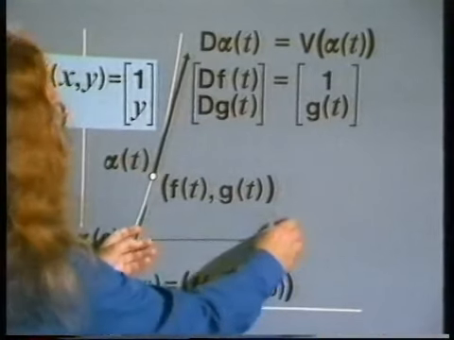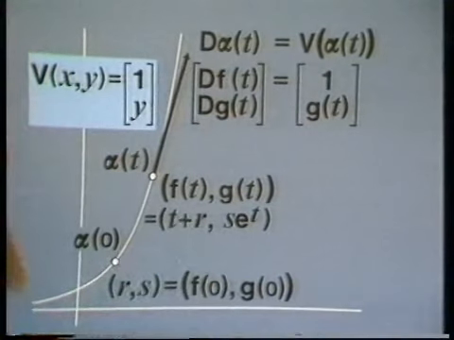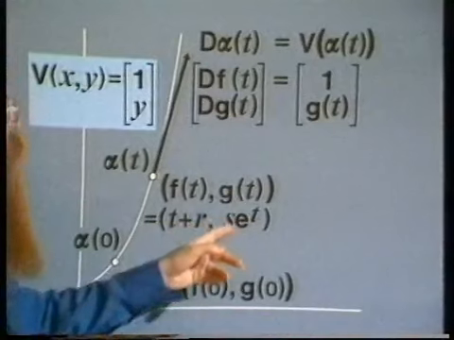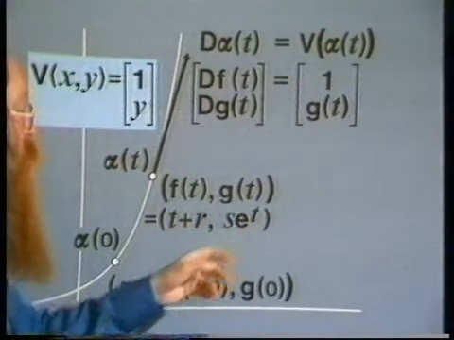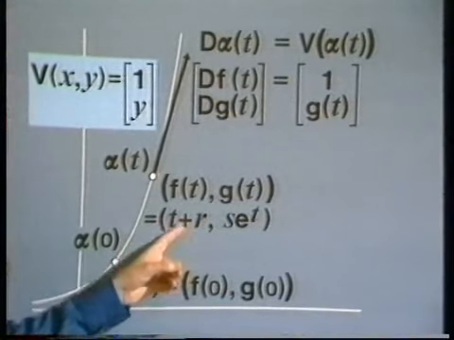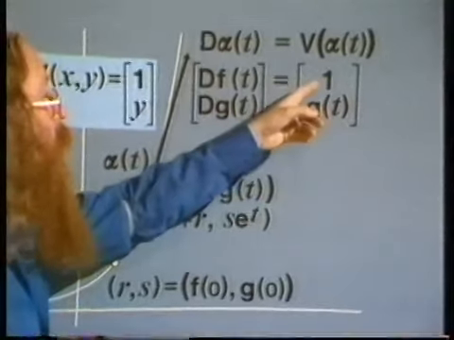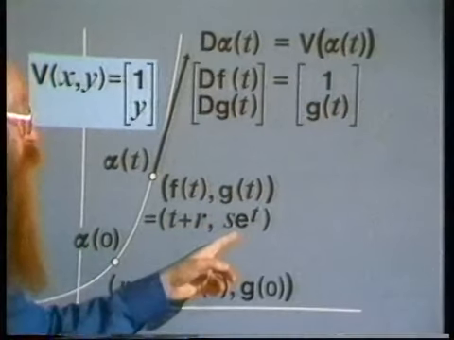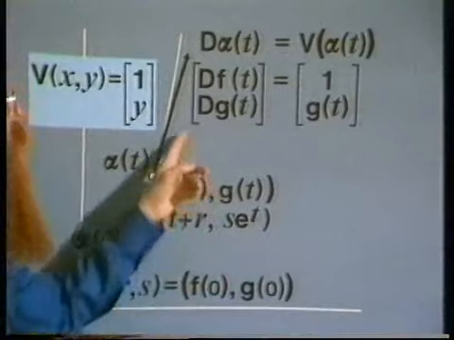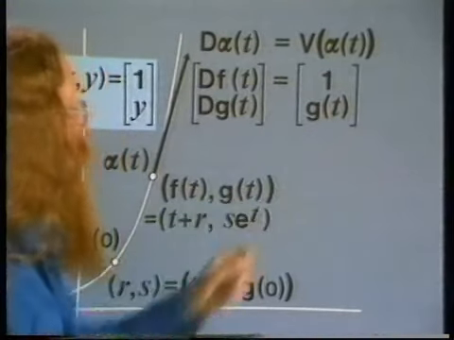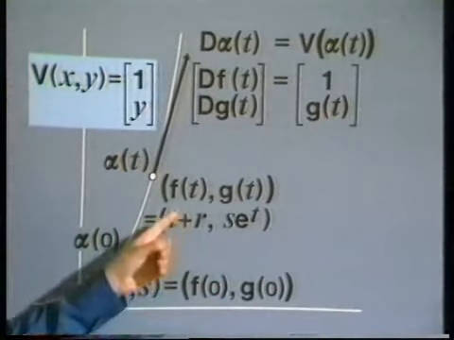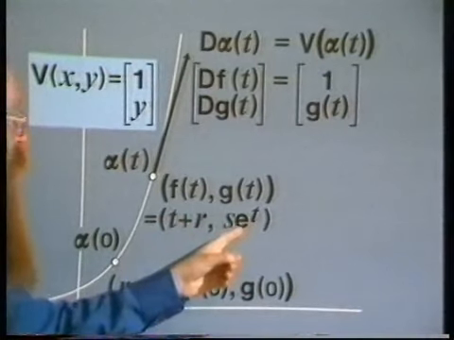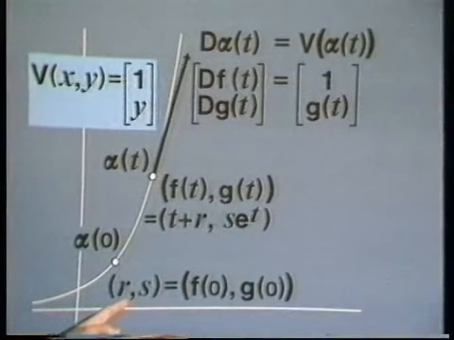Well, these functions do just that. t plus r and s times e to the power t satisfy these conditions because when we differentiate this, we get 1, and when we differentiate this function g, we get itself as required. And if we set t equal to 0, here we get r, and here we get s, again as required.